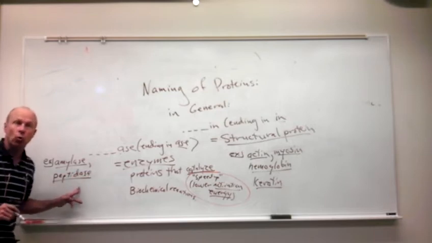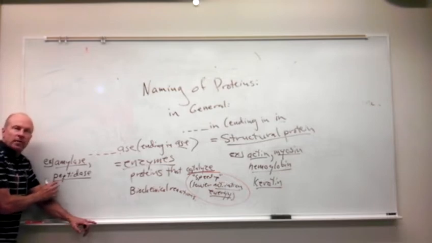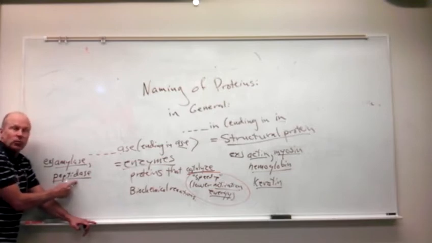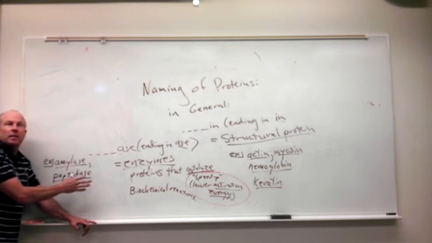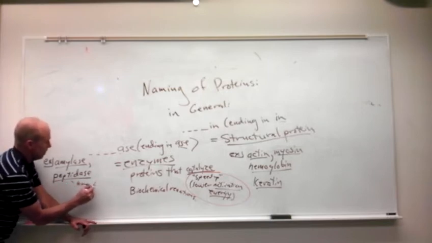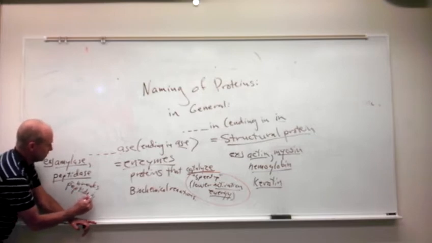Peptidase is a general name, but this one has the function built in. So if ACE has to do with being an enzyme and breaking something down, then peptide refers to what it's breaking down. So peptidase is an enzyme that catalyzes breaking peptide bonds. And of course, you know what peptide bonds are.